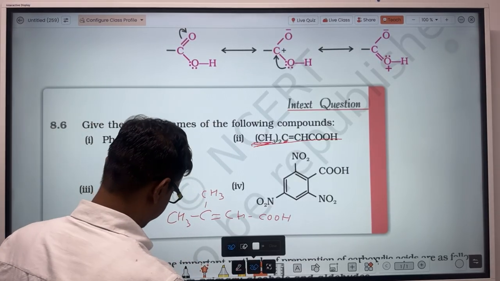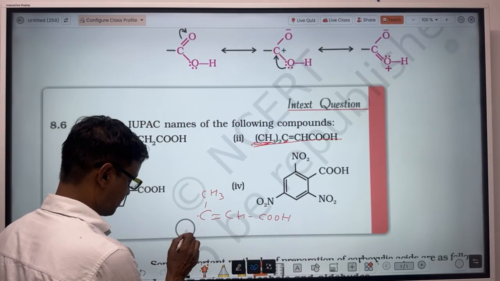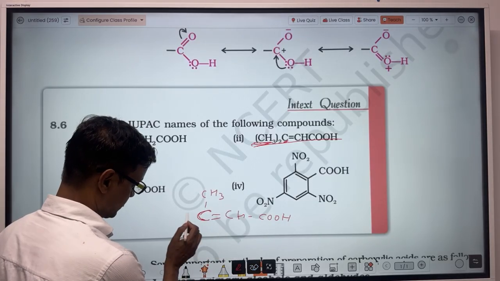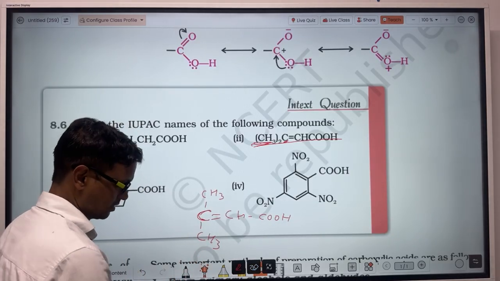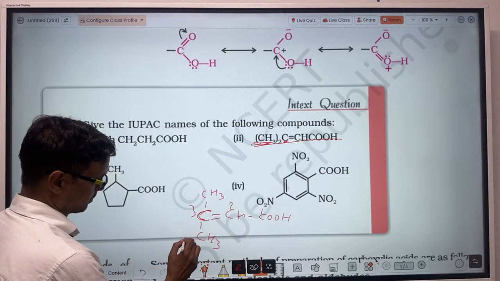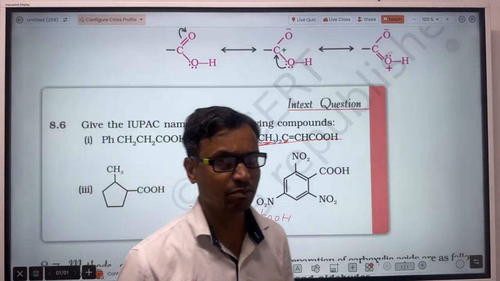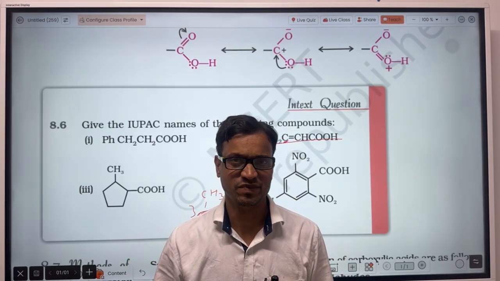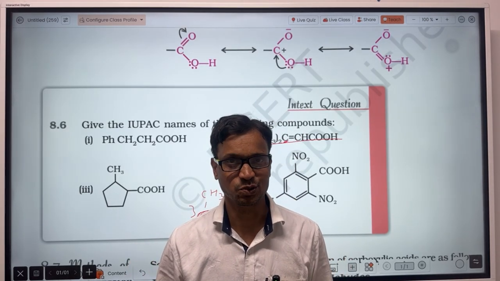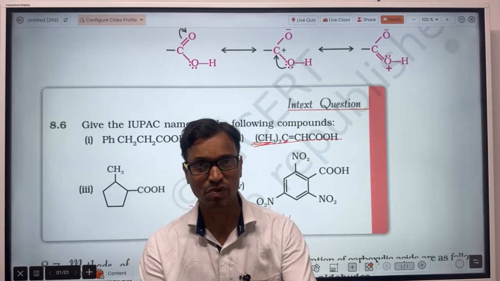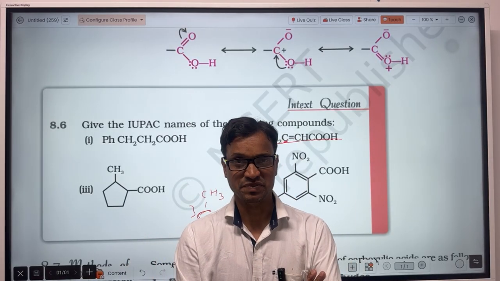Guys, if it is written in this form also, suppose instead of writing this one, this side here CH3, then you will have to write 1, 2, 3, 4. Usually a number of students know how to write the IUPAC name of this compound, even though they make mistakes in the examination, and a number of students make mistakes in the competitive examination.